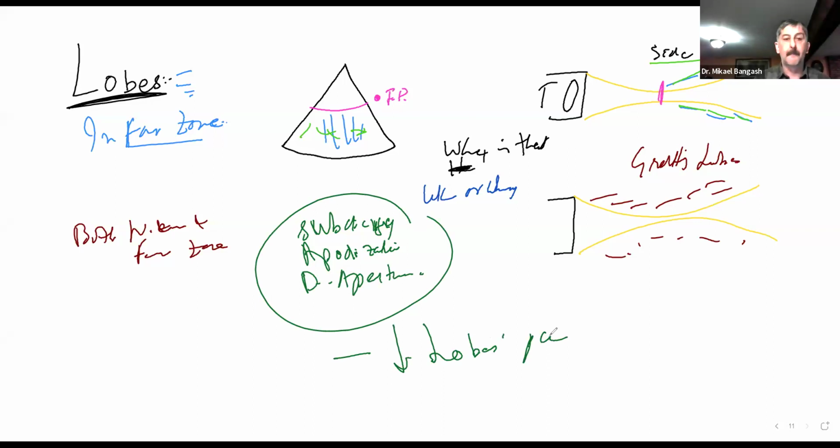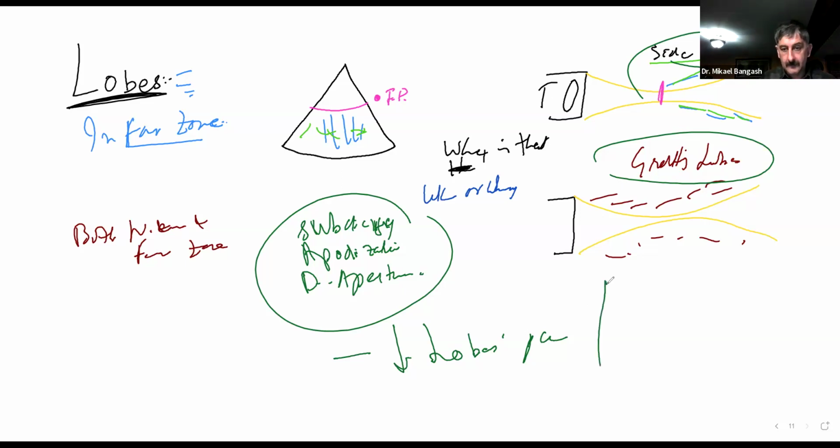That's why you want to, because no matter what kind of lobes we are talking about, whether side lobes or grating lobes, one thing that they both have in common is that they reduce or degrade the lateral resolution.